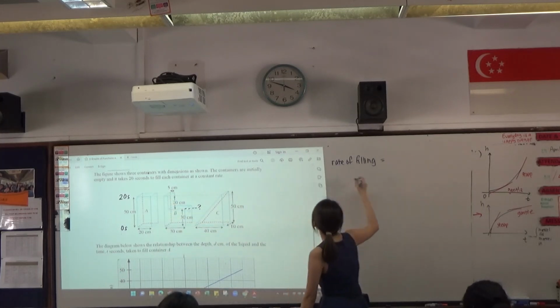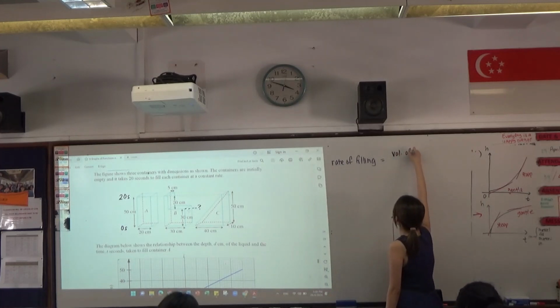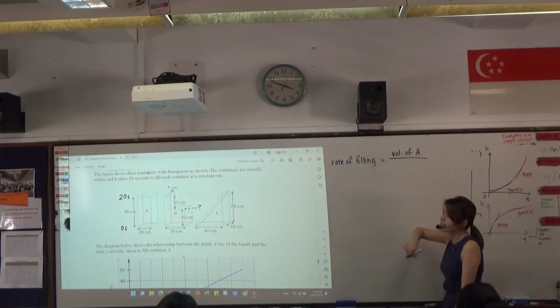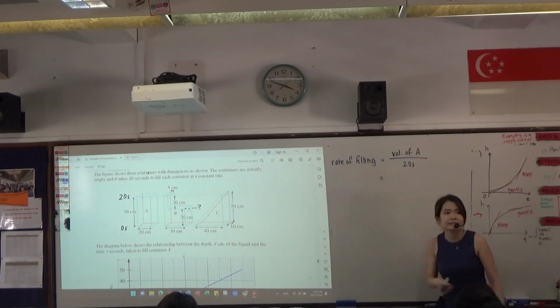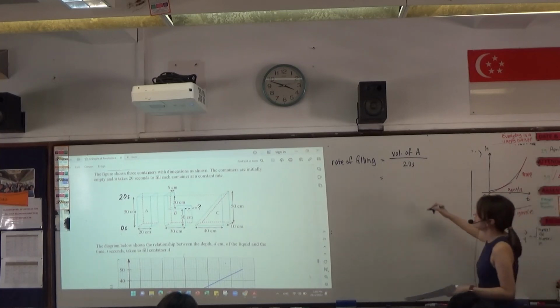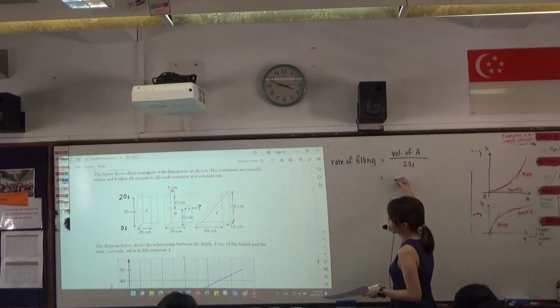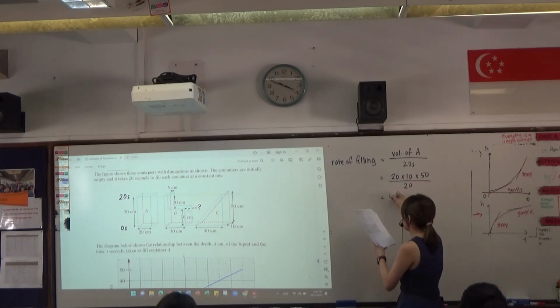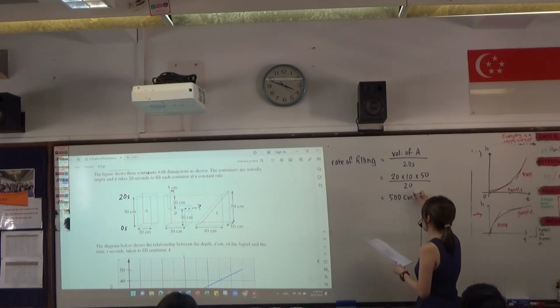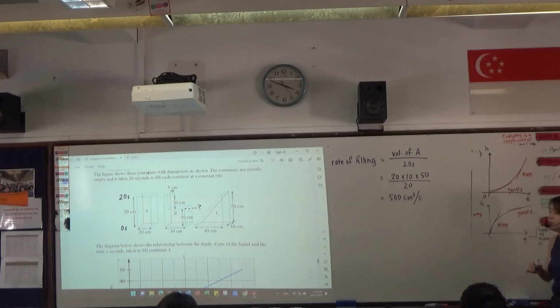So the volume of container A divided by the time taken, which is 20 seconds, will give us the rate at which it is being filled. Okay, so the volume of container A will be 20 times 10 times 50. So it is being filled at a rate of 500 cm3 per second.